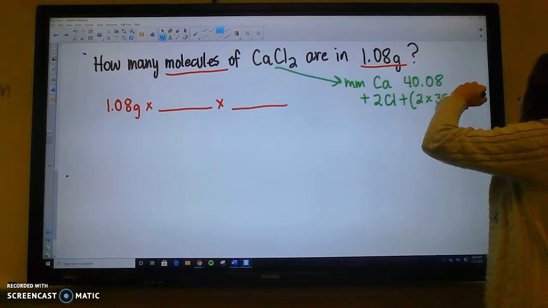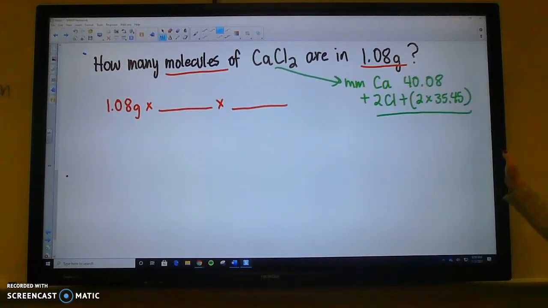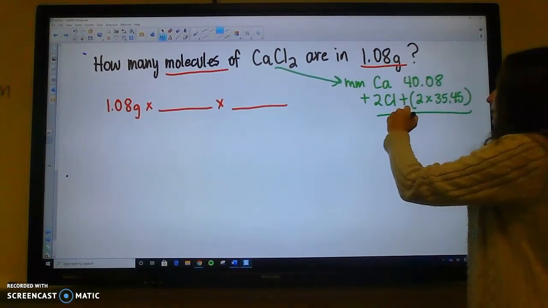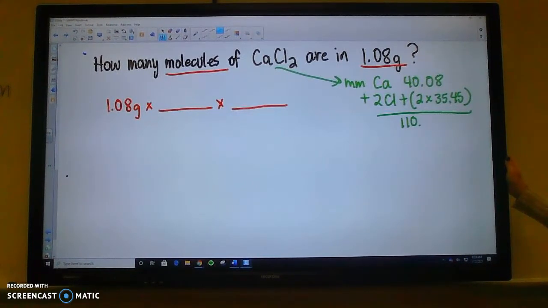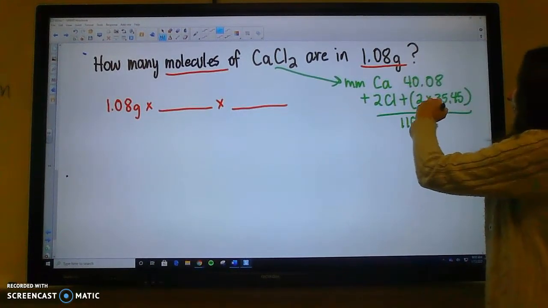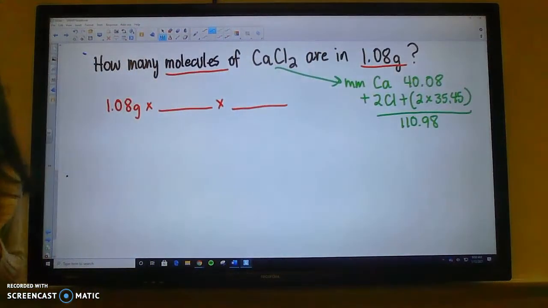Can somebody figure out what this molar mass is real quick? I think it's like 110 point something. 110.98. Is that it? Is that what you got?